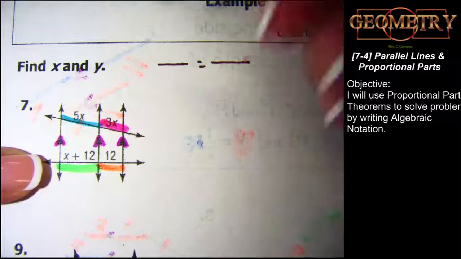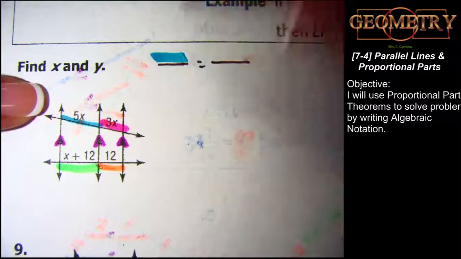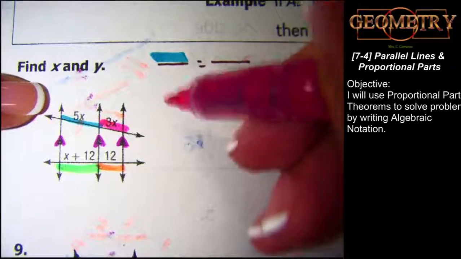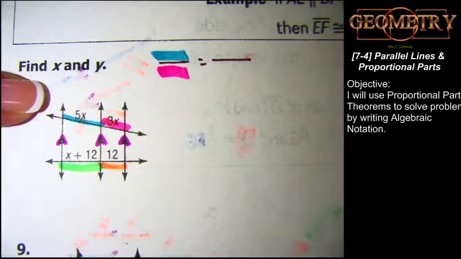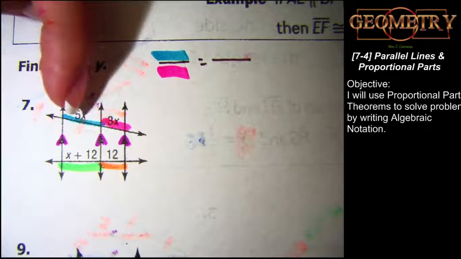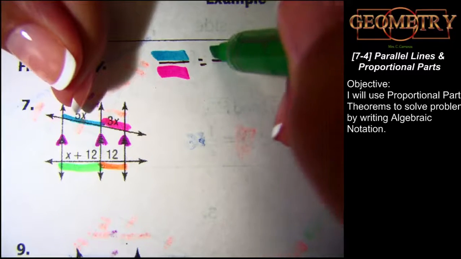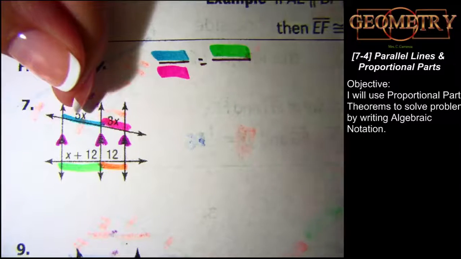And again, remembering that things on the same transversal should be in the same fraction as each other, and things within the same space of the parallel lines should be in the same space as each other in the fractions.